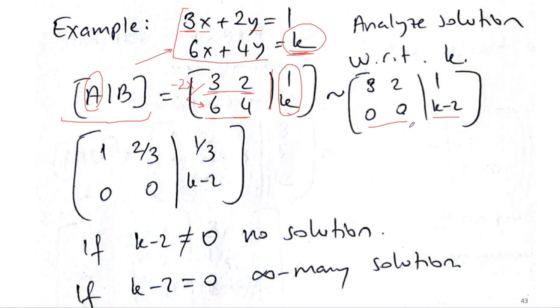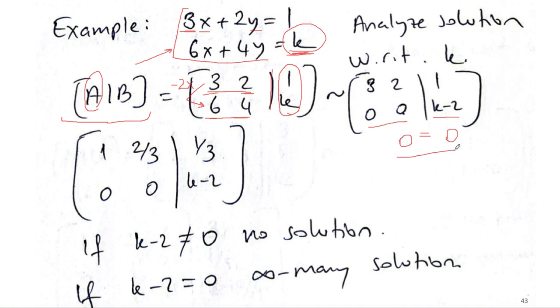As we see, since both of these terms are 0, essentially we have 0 times y equals k minus 2. If we have 0 equals 0, this is always a true statement, and effectively we have a single equation in this scenario.